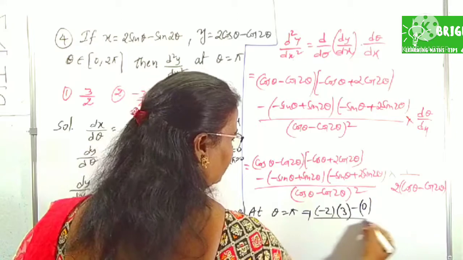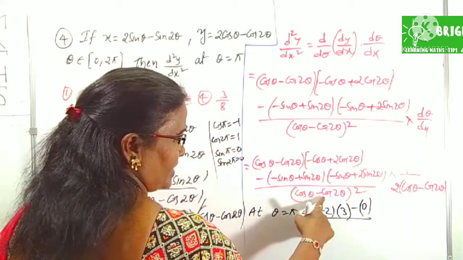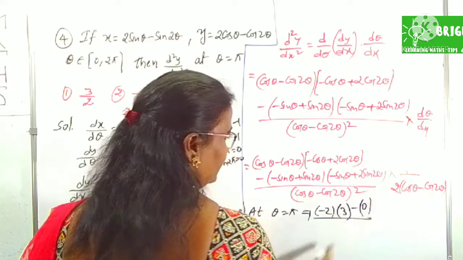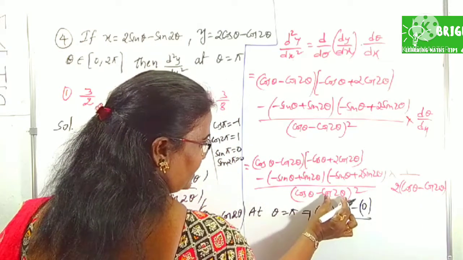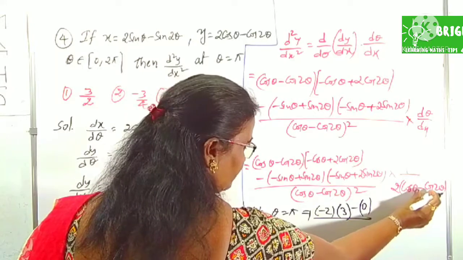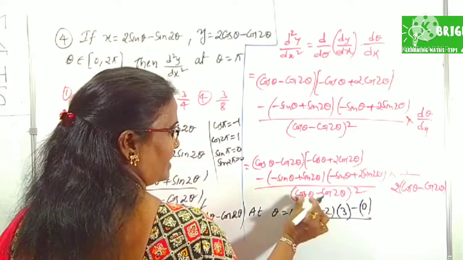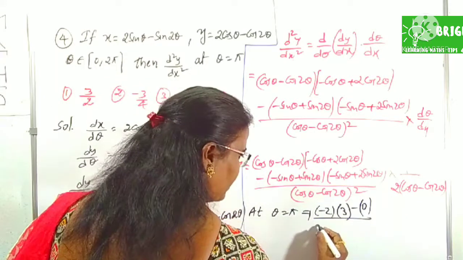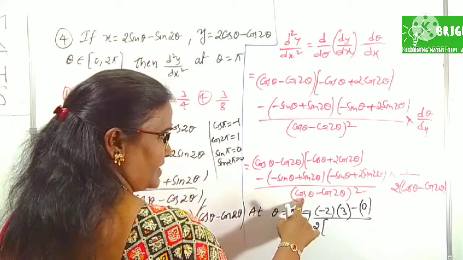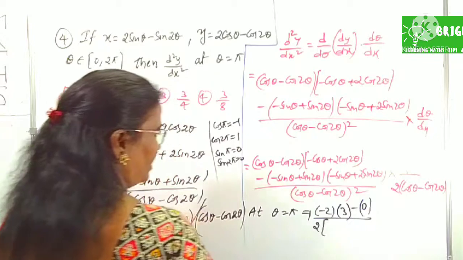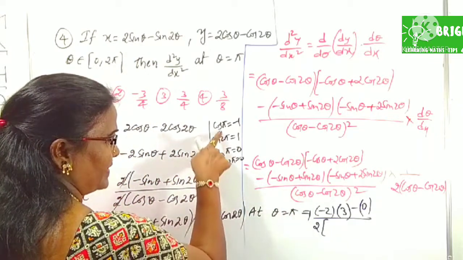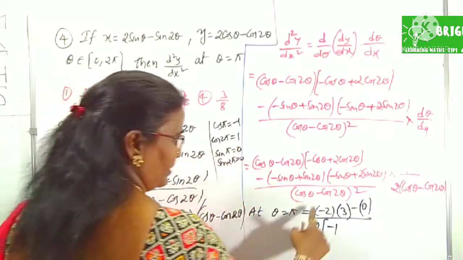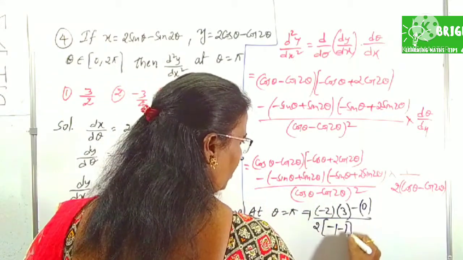That's it. By down, (cos theta minus cos 2 theta) whole square. Here 2 times of (cos theta minus cos 2 theta). Means (cos theta minus cos 2 theta) whole square into (cos theta minus cos 2 theta) is (cos theta minus cos 2 theta) whole cube will come, right? 2 is extra, I am writing here. Cos theta means at theta pi, cos pi is minus 1 and cos 2 pi is 1, with minus 1 whole cube, right?